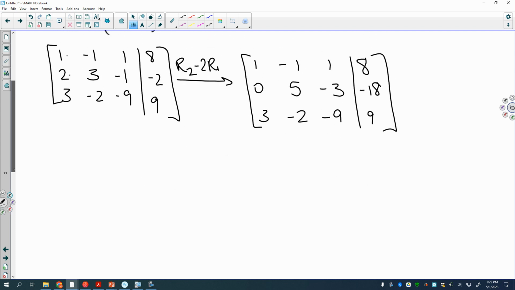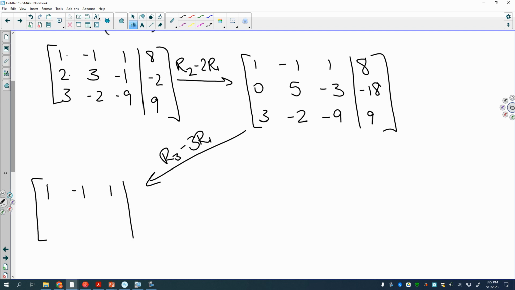And then I'm going to take row 3 minus 3 times row 1. And that's going to give me 3 minus 3 times 1, or 3 minus 3, that's going to be a 0. Let me get these other parts put in here first.